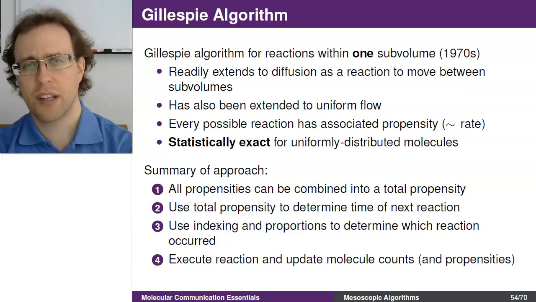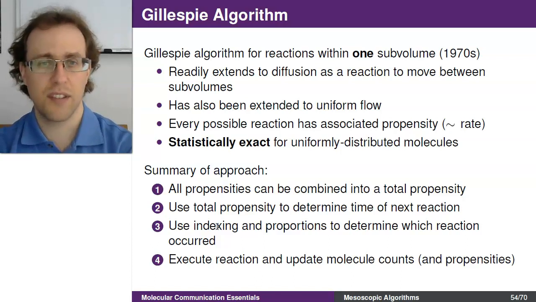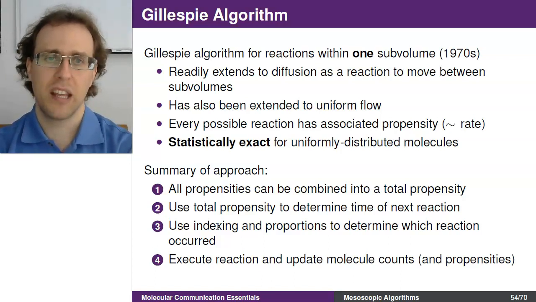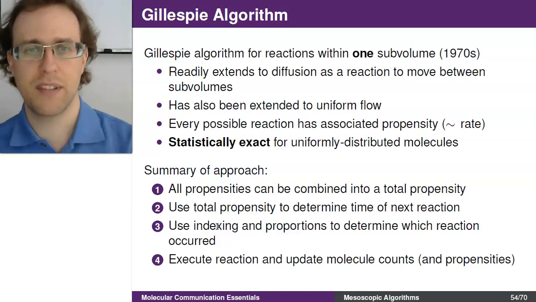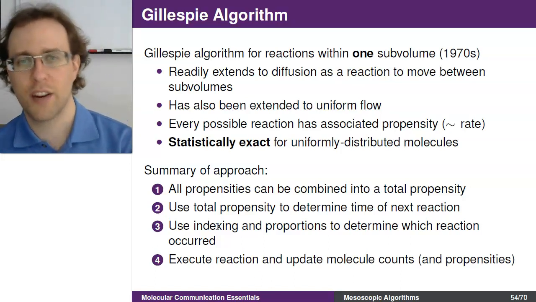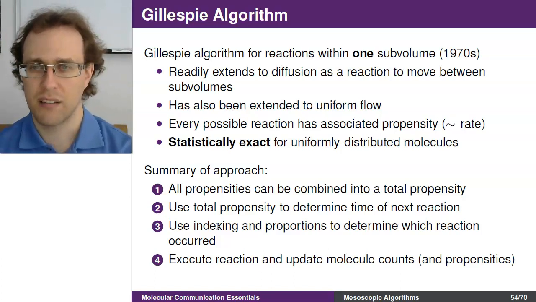But the really nice thing about the Gillespie algorithm is that if the system is uniformly distributed, then a simulation of this algorithm will be statistically exact. If you repeat this many times, the statistics of your runs will match the actual thermodynamic statistics of the reactions themselves. So it's a really nice algorithm in that way.